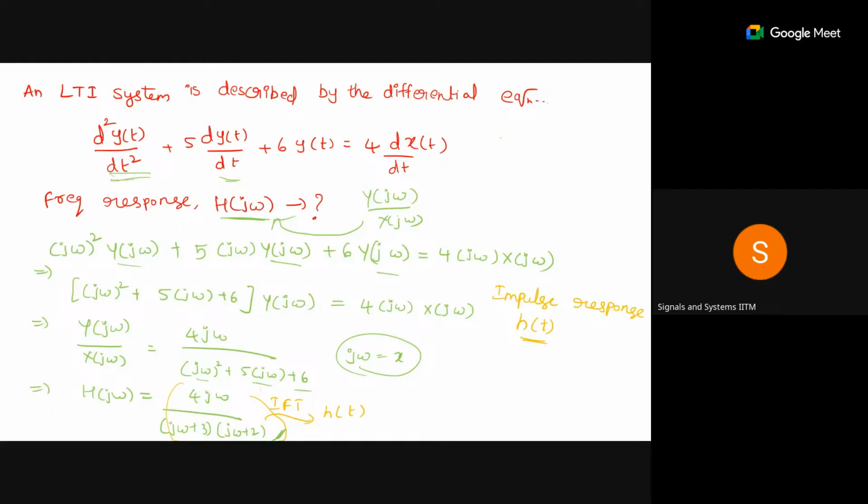One formula we know: for e power minus a t u(t), if we do the Fourier transform, it is 1 by a plus j omega. In the previous slide, I had told this formula. Did you remember? Yes, ma'am. So we have to make it in that form. This is the multiplication of that, so we need to use partial fractions.